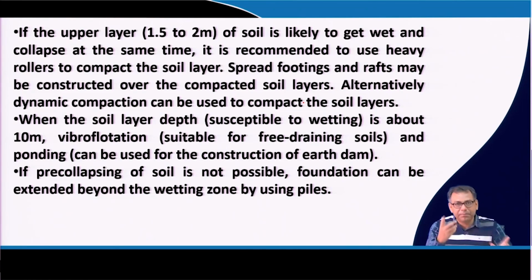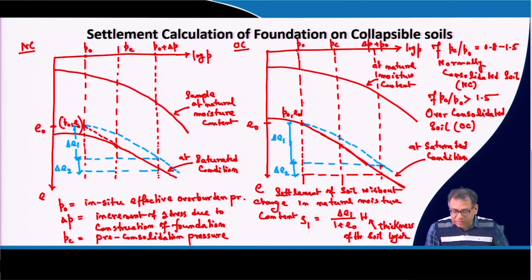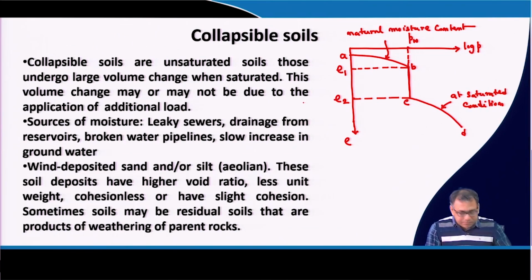In the first picture I have shown this settlement. This is the unsaturated condition, then the soil has been saturated, so there will be a collapse or large deformation. Then if I apply the load, it will follow the condition of the saturated stage. So if, before the construction, I make the soil collapse by saturation, then we will follow this curve when the construction starts and the load is applied.